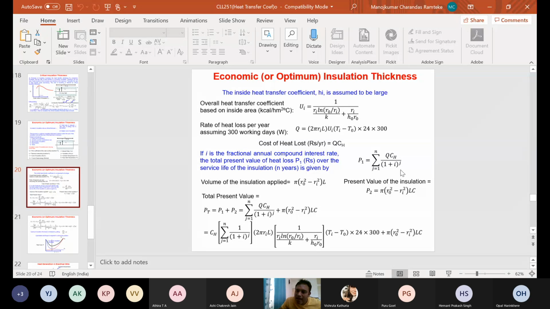Therefore this (1 plus i) raised to the power j comes in the denominator of this saving. This basically accounts for the compound interest. Can you get it? Yes, sir.